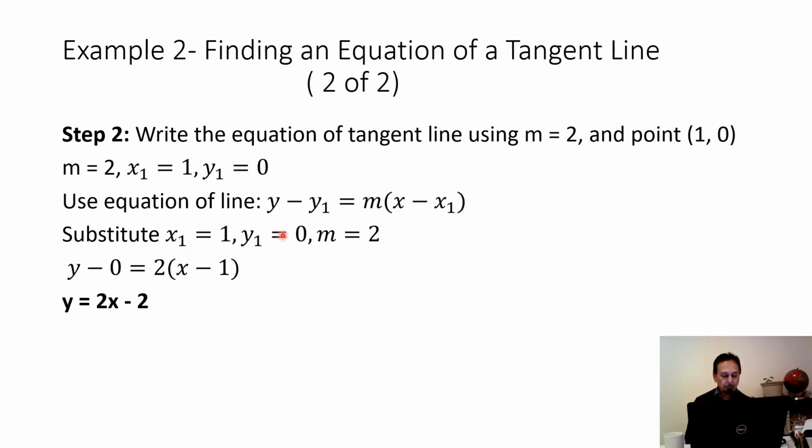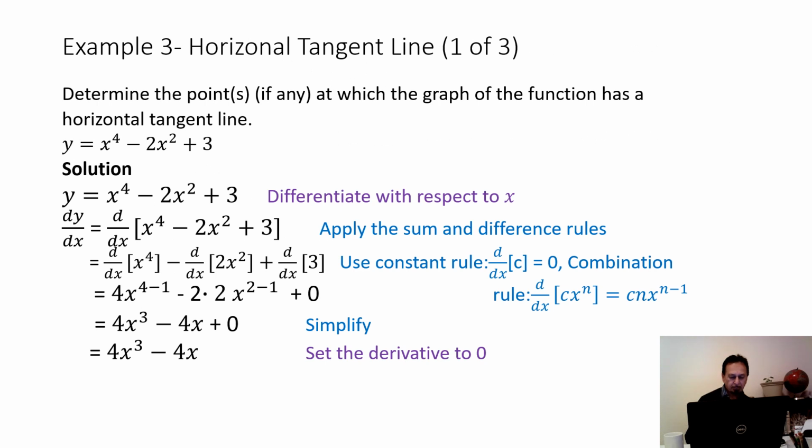We substitute x1 is 1, y1 is 0, and m is 2. So we have y minus 0 equals 2 times x minus 1. We distribute and simplify, so you get y equals 2x minus 2, which is the equation of the tangent line.